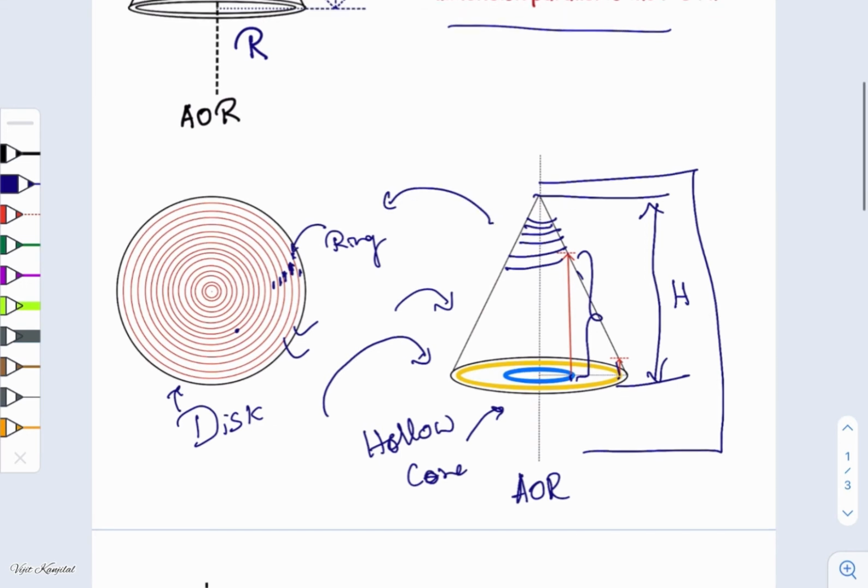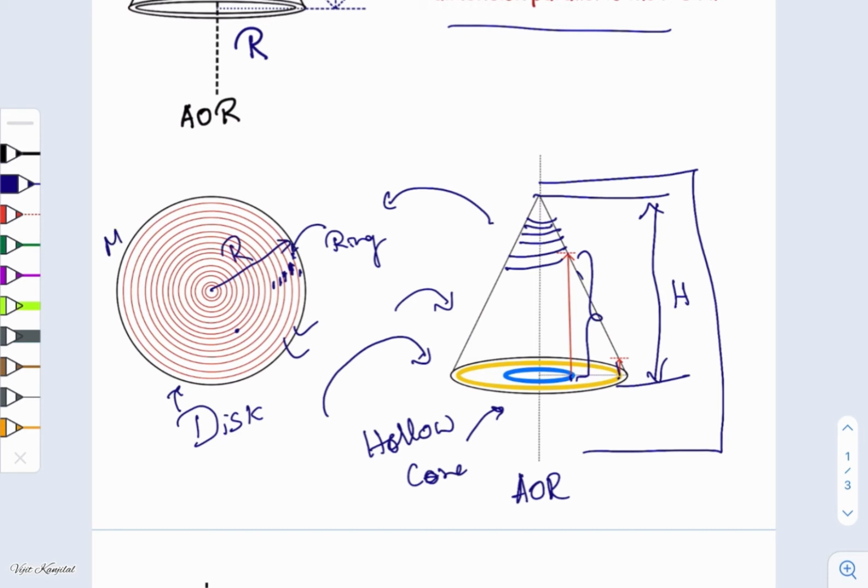So while calculating moment of inertia, it is pretty clear that we can always shrink the dimension which is parallel to the axis of rotation. So the moment of inertia of a hollow cone should be equal to the moment of inertia of a disk of the same mass and radius.